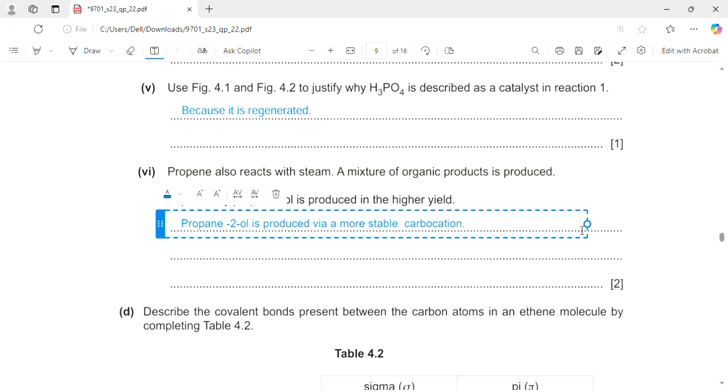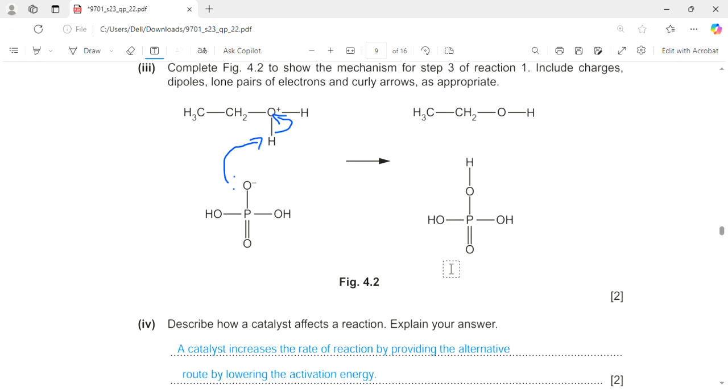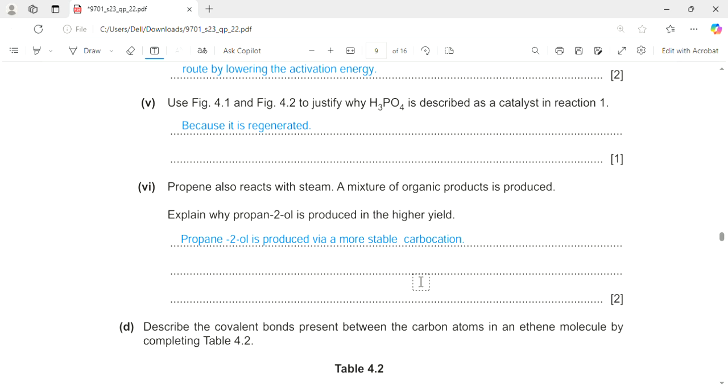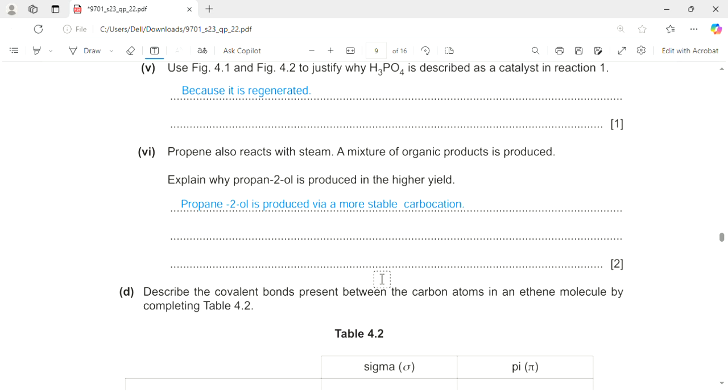Here you can see the carbocation. Propan-2-ol is produced because it is produced via a more stable carbocation. Okay, so move to the next part.